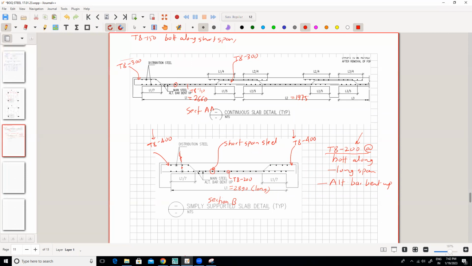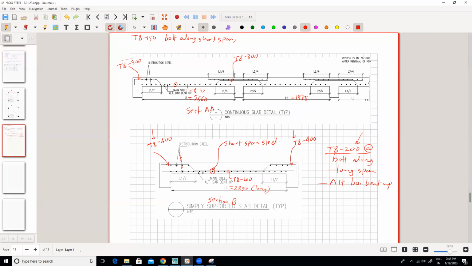Now you are understanding where this bent up bar starts. It starts at L1/7, okay. This is L1/7, then the bend will start and it will go like this and it will have an L in the beam till the thickness of the slab. Again, same thing, L1/7.